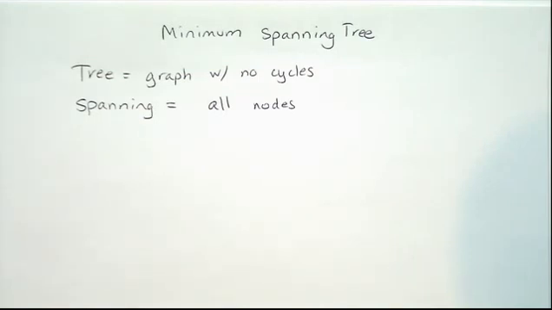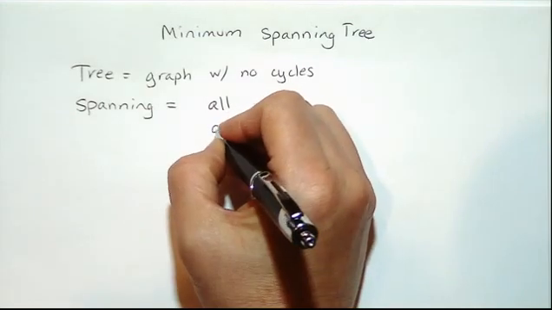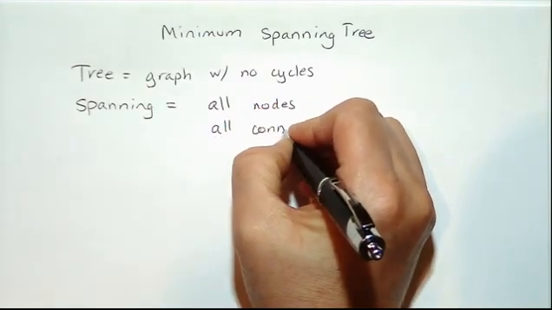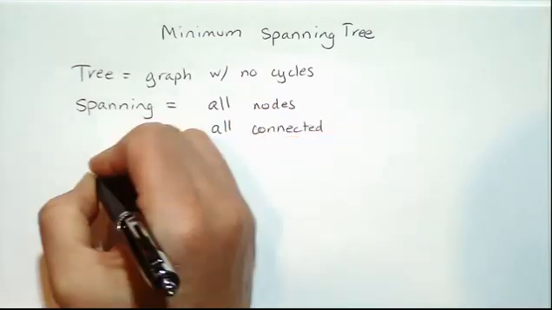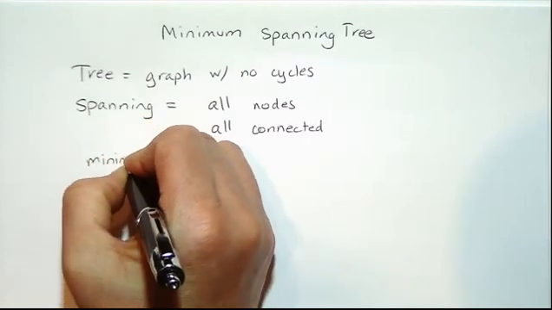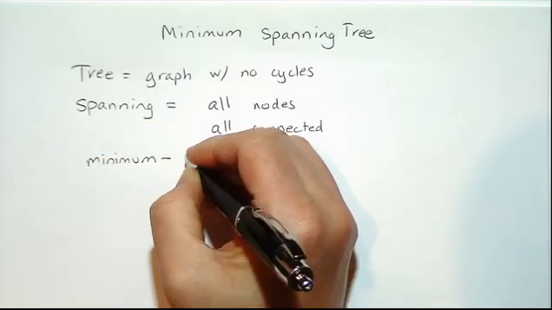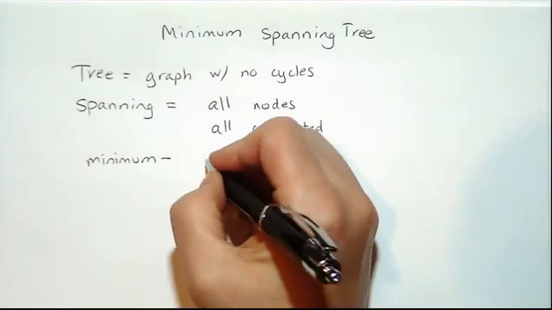We need the minimal number of edges so all the nodes are connected. So spanning means it has all the nodes, and they're all connected with edges. But minimum means I can't have any fewer edges than I have.